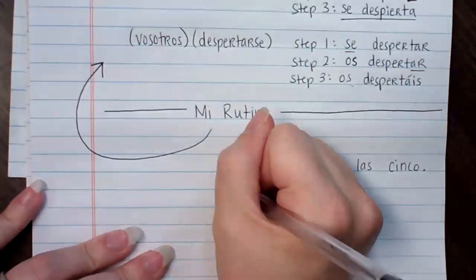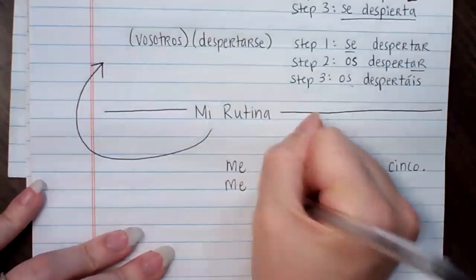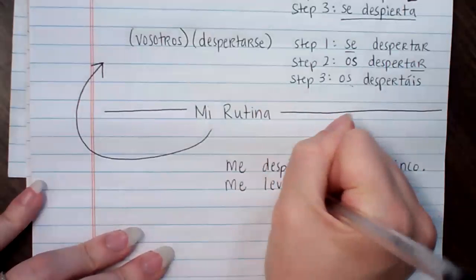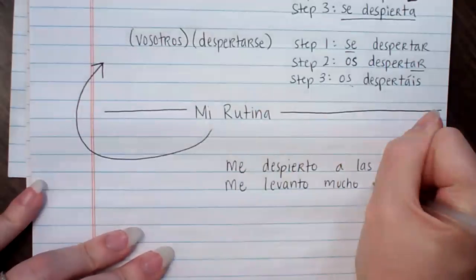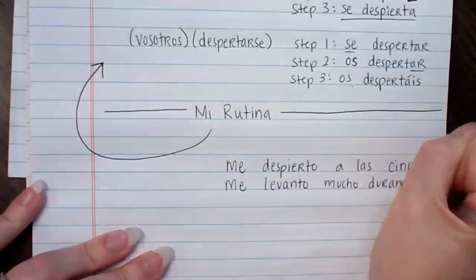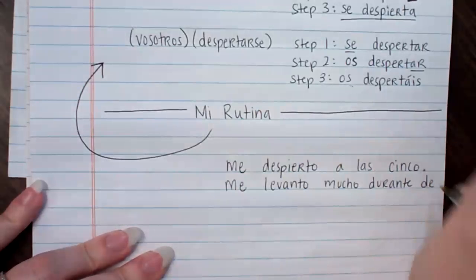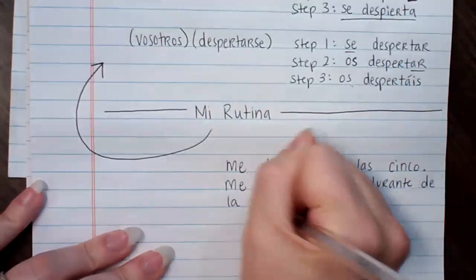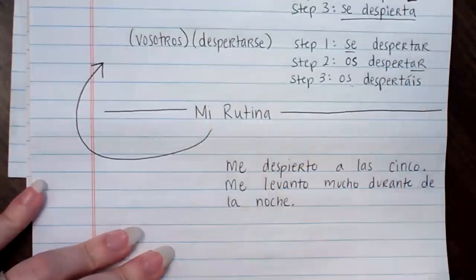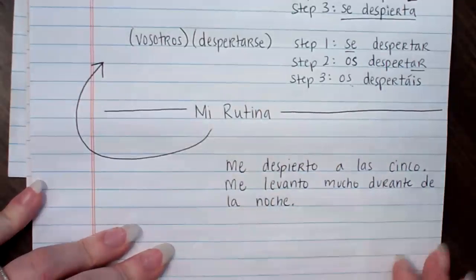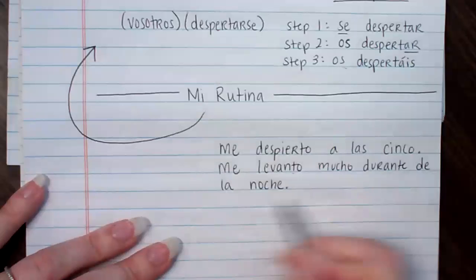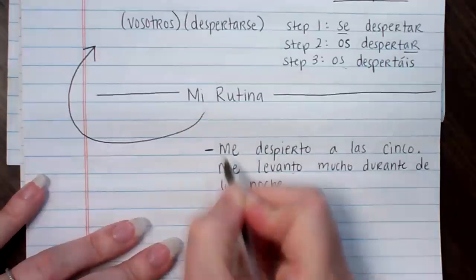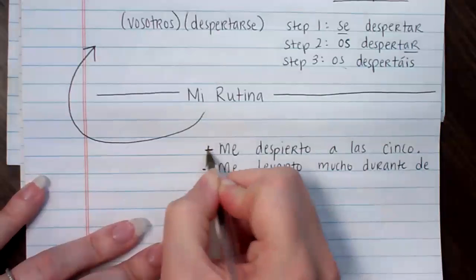Then I could say me levanto mucho durante la noche. I wake up a lot at night also, or not wake up, I get out of bed a lot at night. Joys of a baby, like I said.